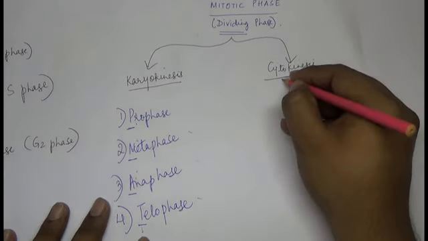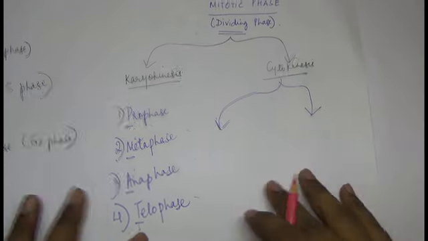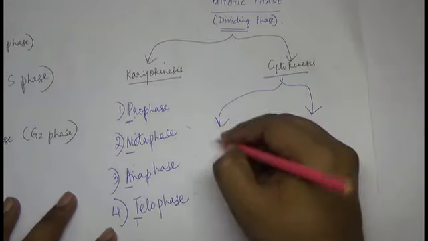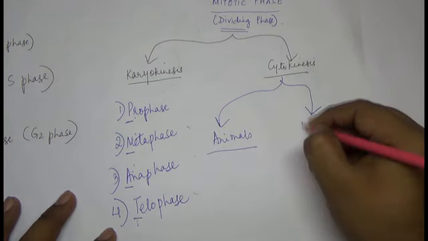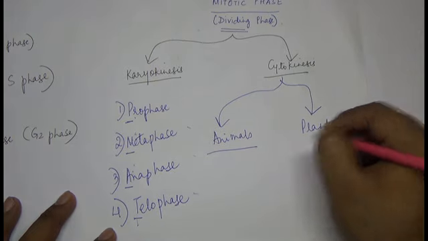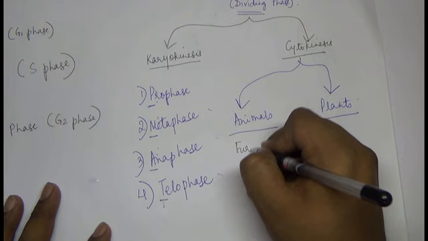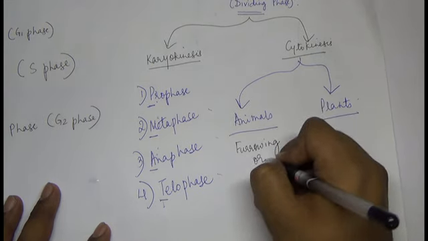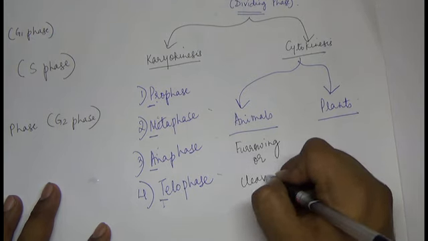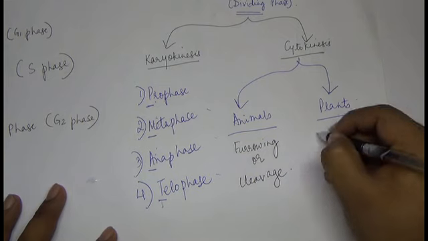But cytokinesis, or cytoplasm division, is different for animals and plants.